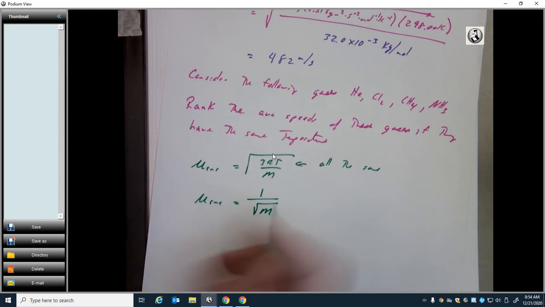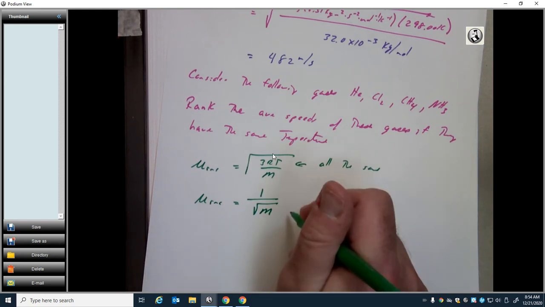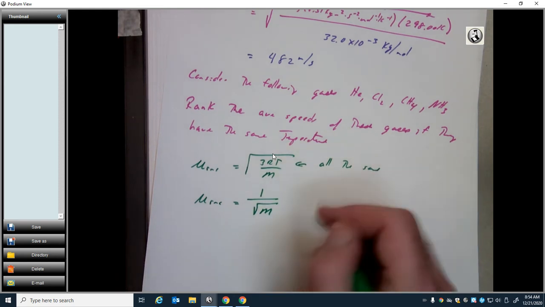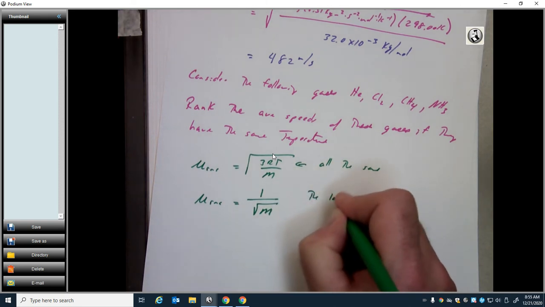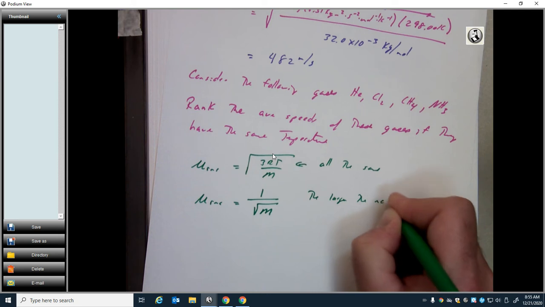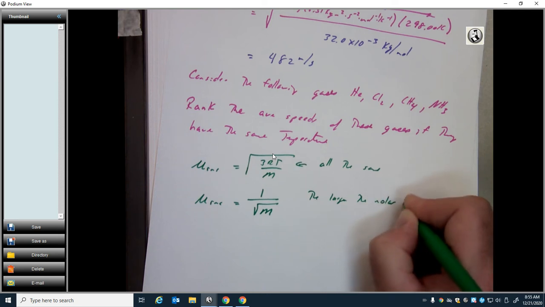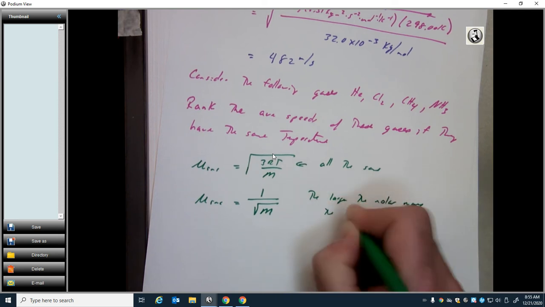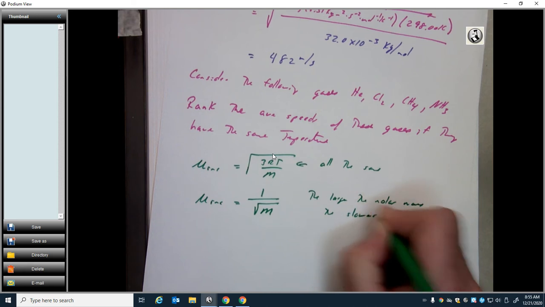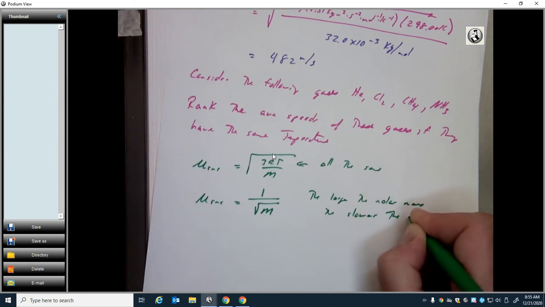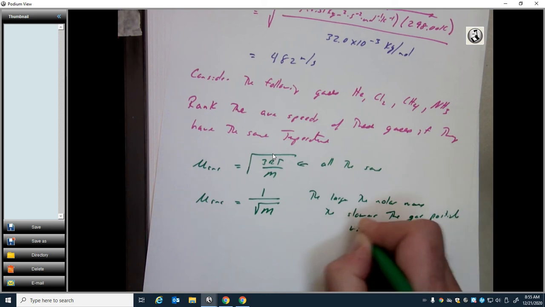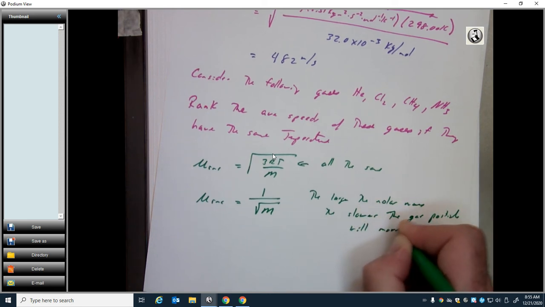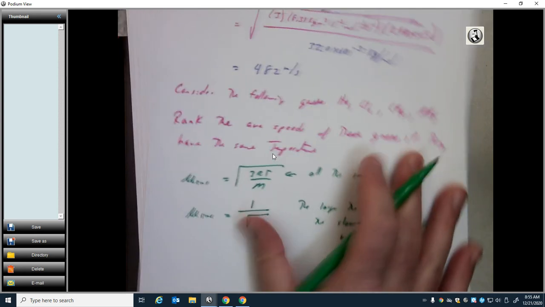Now, what is that telling me? It's telling me that the larger the molar mass, the slower the gas particle will move. So I need the molar masses of these guys. That's all I need to do.